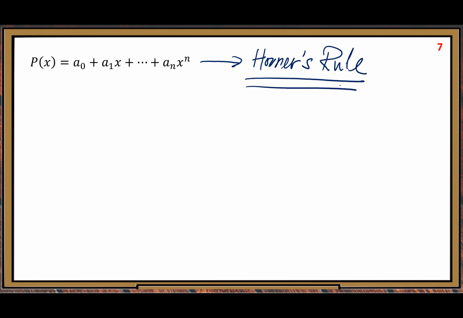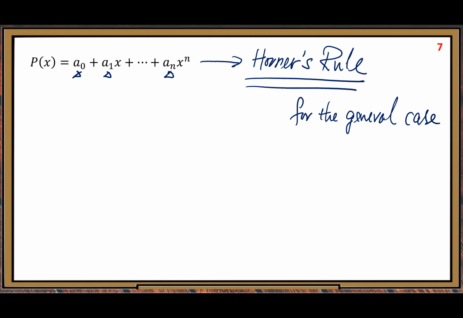Here we know Horner's rule is used for the general case. So why is it the general case? Because here A0, A1, through AN could be any numbers, right?